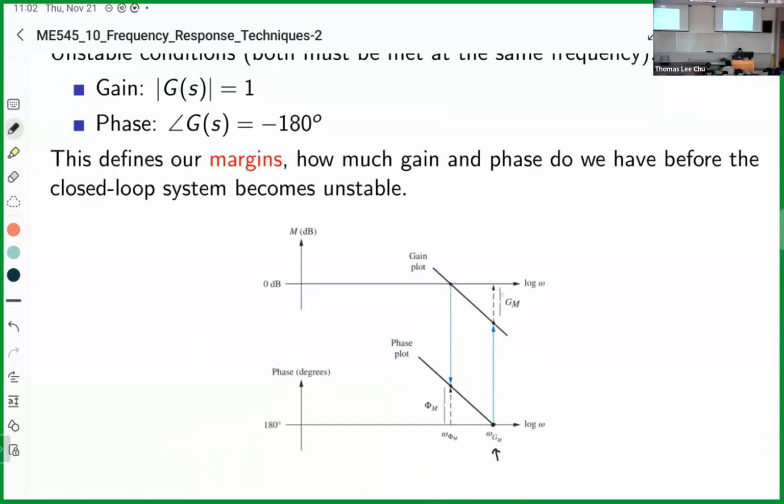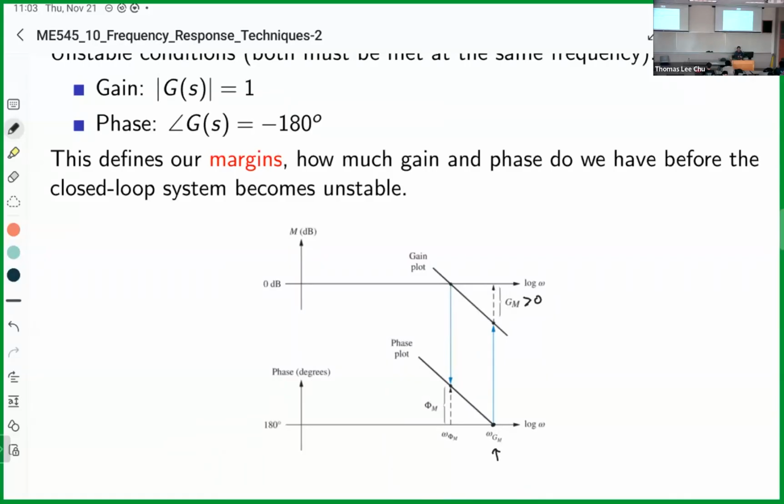Then you look at the difference from that point on the magnitude plot to 0, and that's your gain margin. In this case, the gain margin is positive because we want to be below a magnitude of 1 at the phase of 180 degrees.